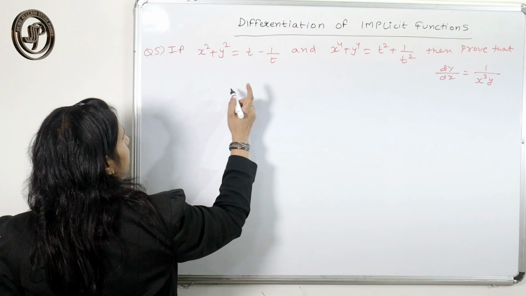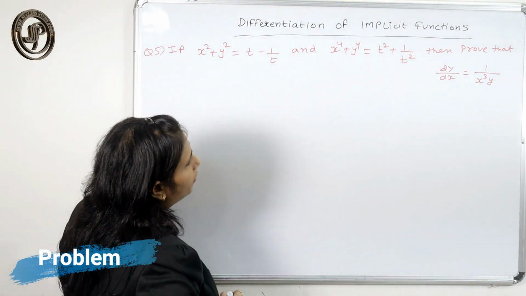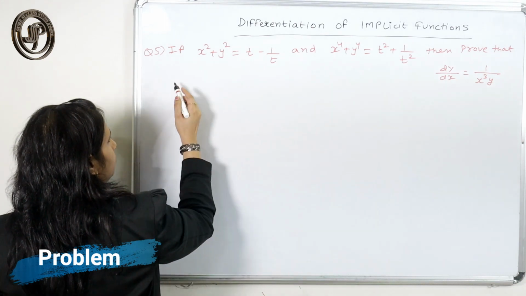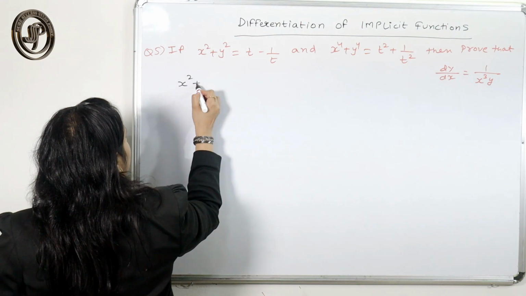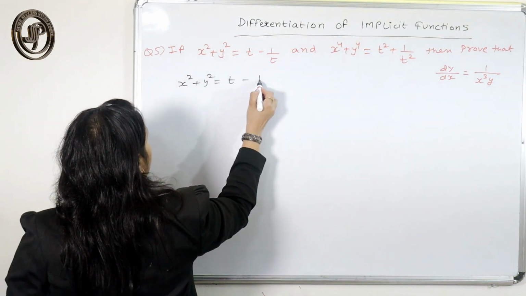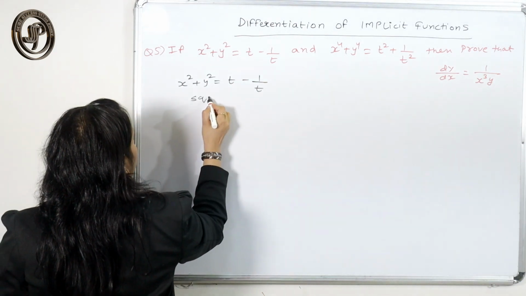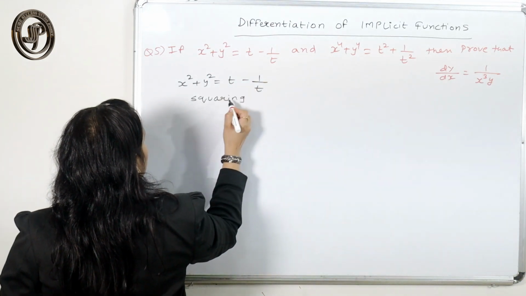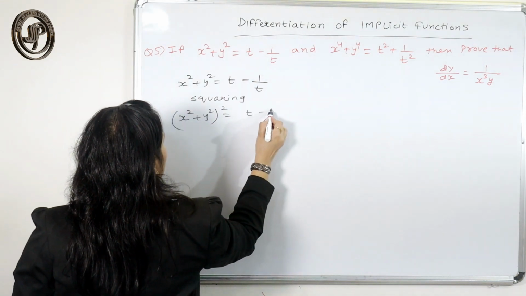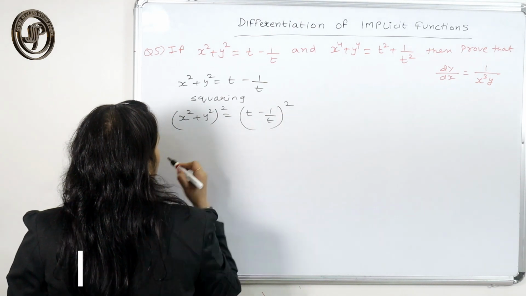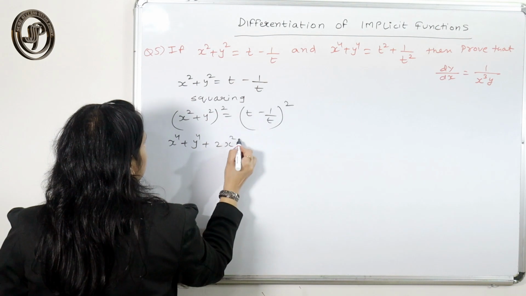This is the question. It is given and you have to prove dy by dx is 1 upon x cube y. So here x square plus y square is t minus 1 by t, that is given. If you square both sides, what will you get? (t minus 1 by t) square. So x4 plus y4 plus 2x square y square.